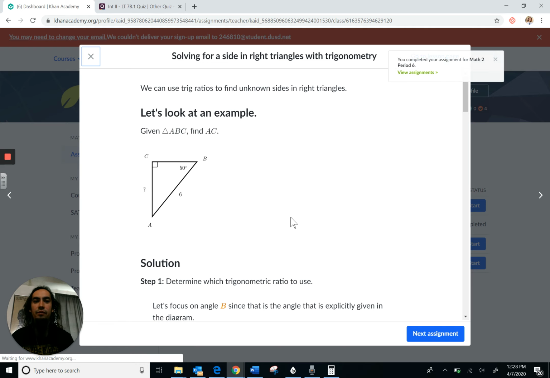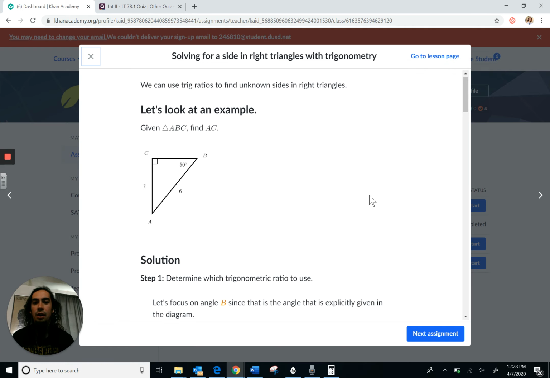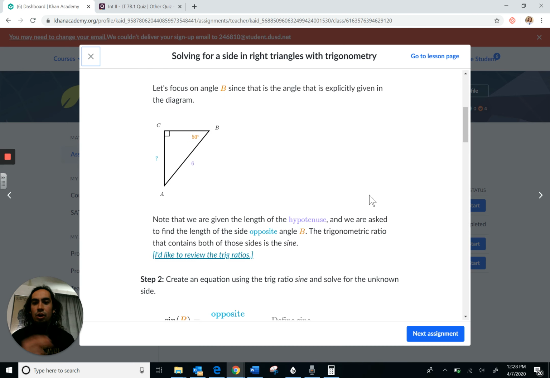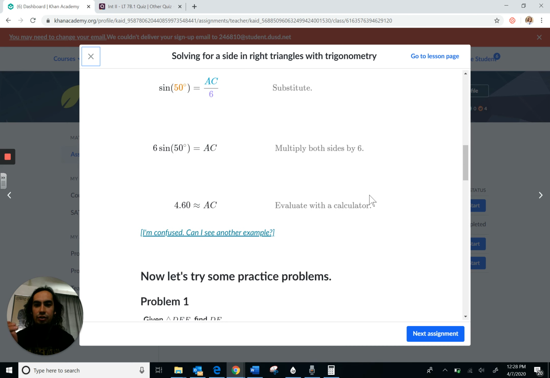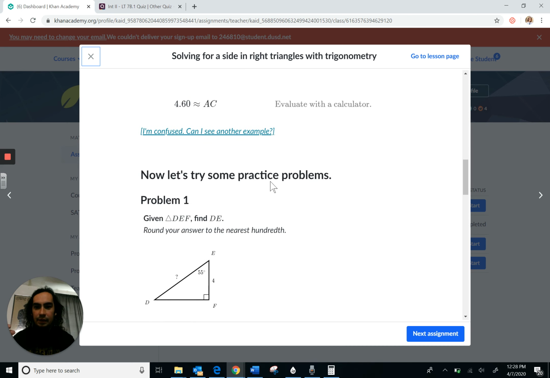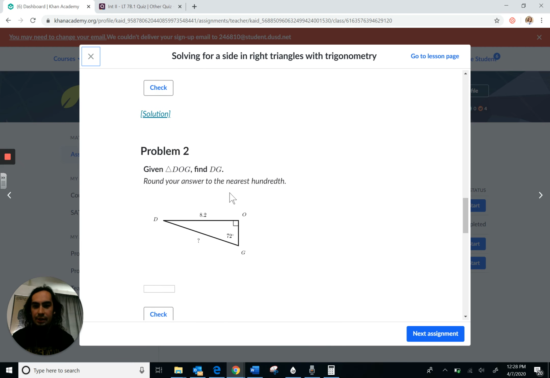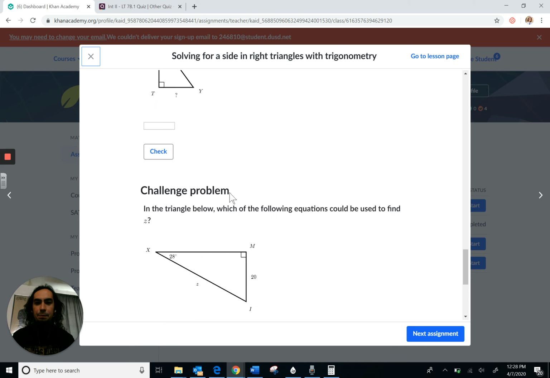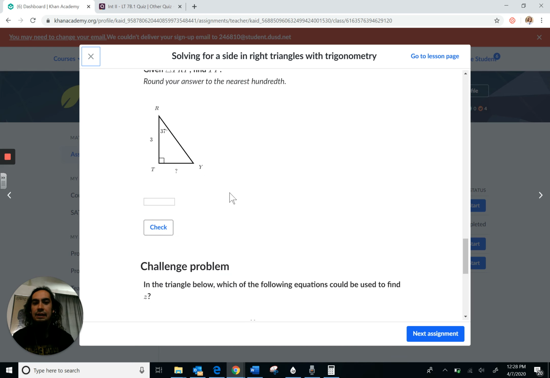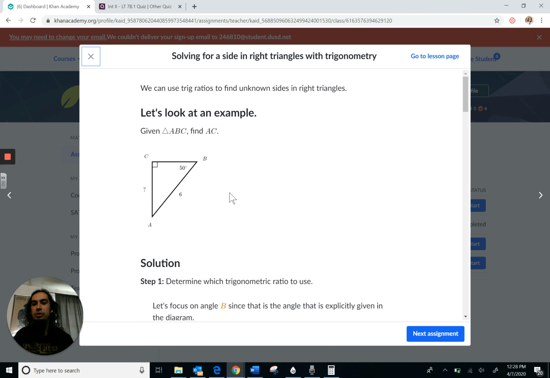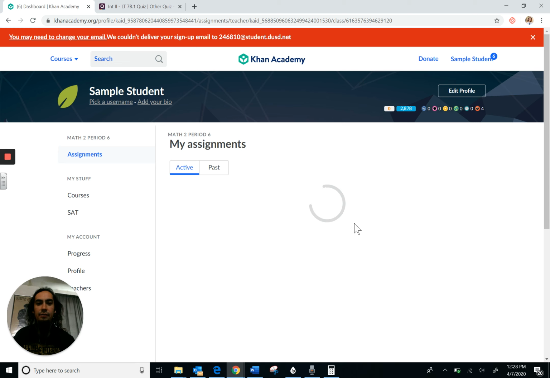And I'm going to do that some of myself in my video, but you can go through this, take a look at the notes, see how they're doing it. You can get some help. You can watch some videos. And there's a couple of sample problems. I am not grading this. This is just for you to follow along with some written notes and get yourself familiar with what's going on.